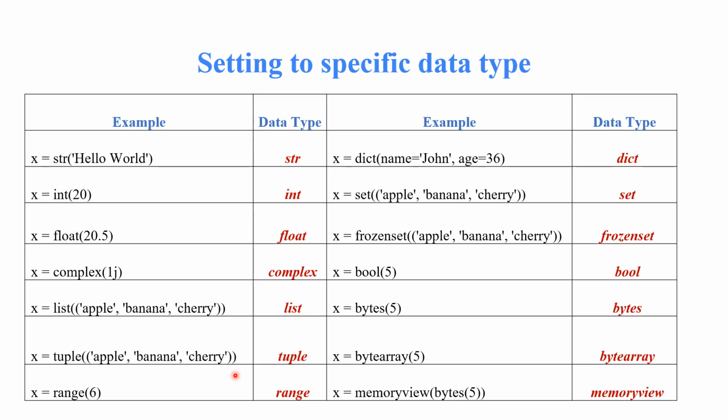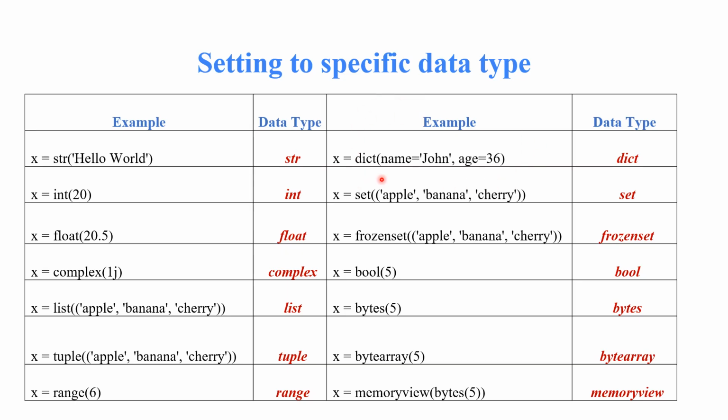Always in list and tuple sequence data types, the indices start from 0 and move on. So apple is 0, 1 is banana, 2 is cherry and so on. When I say range, it starts from 0 and moves on till 5: 0, 1, 2, 3, 4 and 5. So totally it takes 6 values. Similarly, for dictionary, I can use the keyword dict in front of my data.